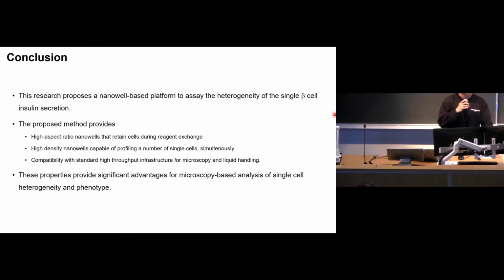The high density of nanowells is capable of profiling multiple single cells simultaneously, and they are highly compatible with the standard high throughput infrastructure for microscope and liquid handling. These properties provide significant advantage for microscope-based analysis of single cell heterogeneous phenotypes. This is the end of my presentation.